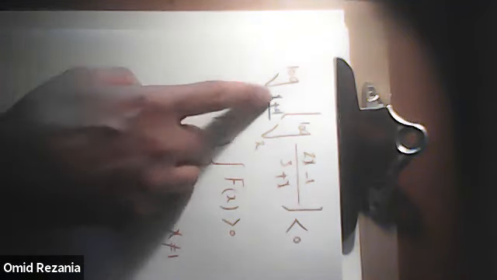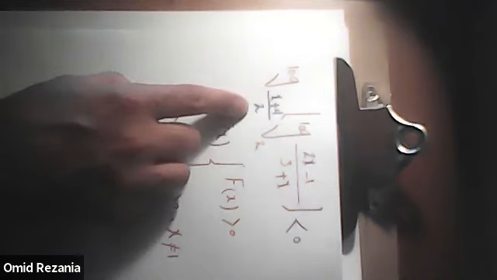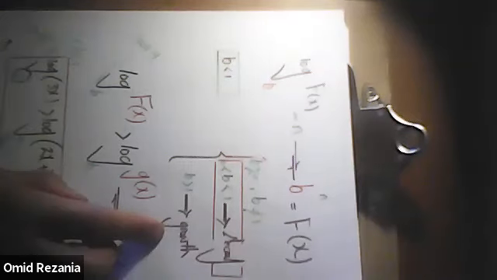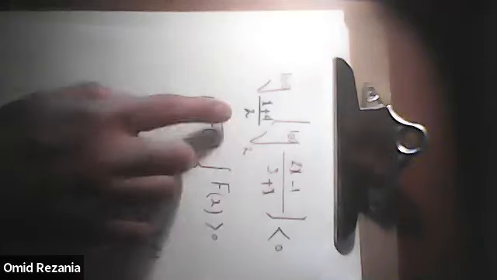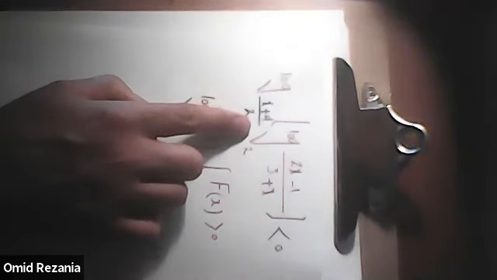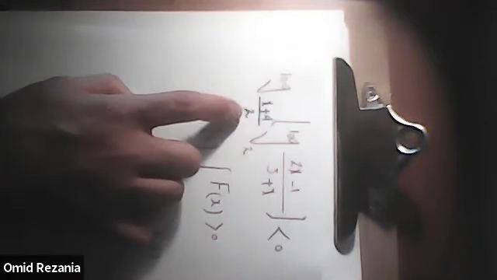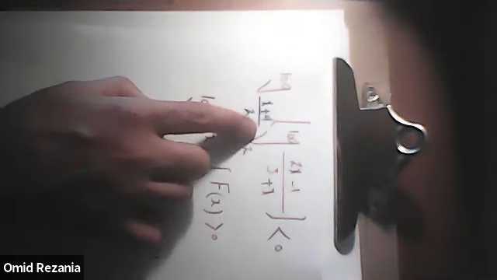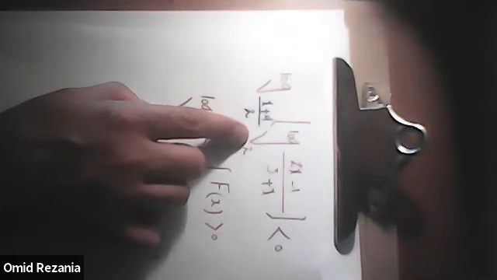You check whether x plus 4 over 2 is bigger than 1, or whether x plus 4 divided by 2 is less than 1.